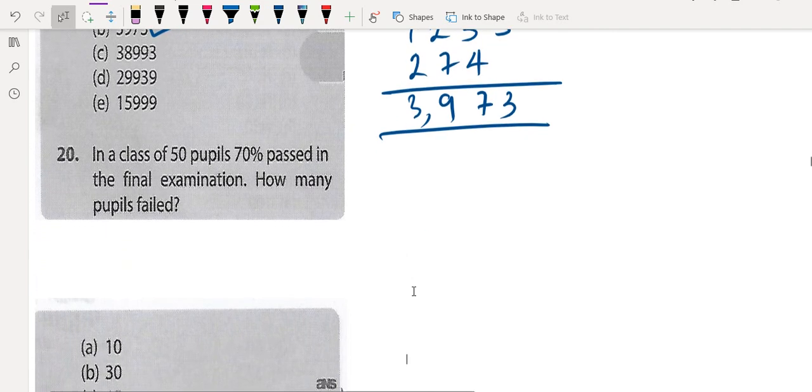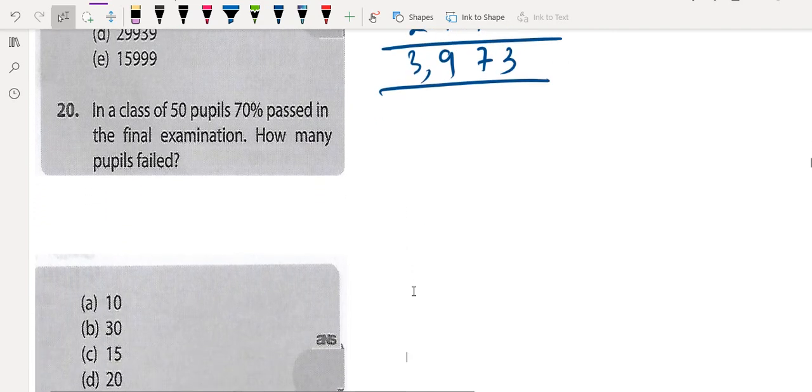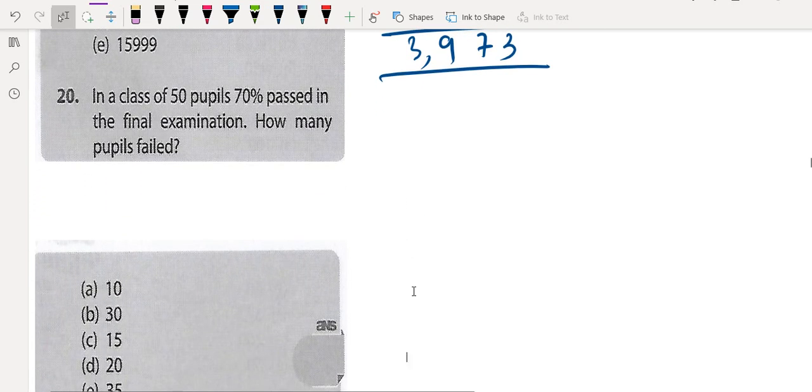Number 20, read. In a class of 50 pupils, 70% passed in the final examination. How many pupils failed? How many failed, not how many passed. If we can calculate the percentage that passed, we can get the percentage that failed. Or if we can get the number that passed, we can get the number that failed. So 70% of 50 pupils passed, right?